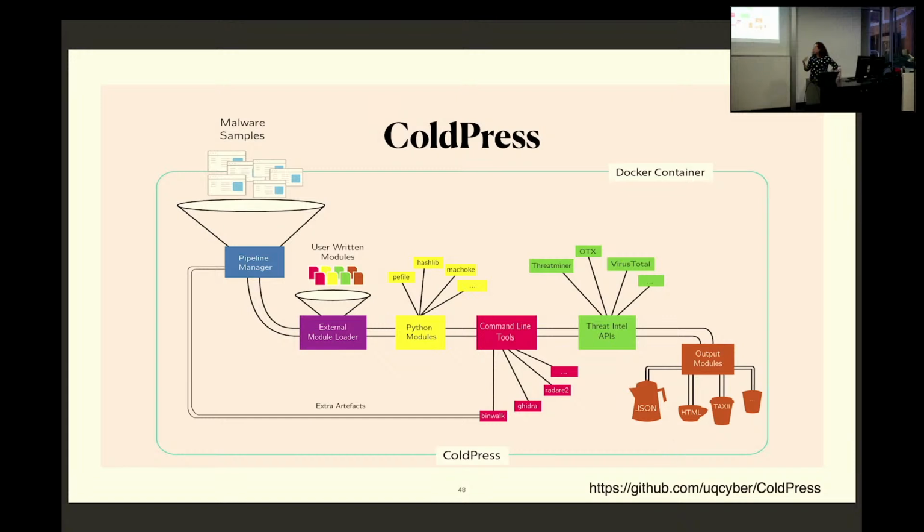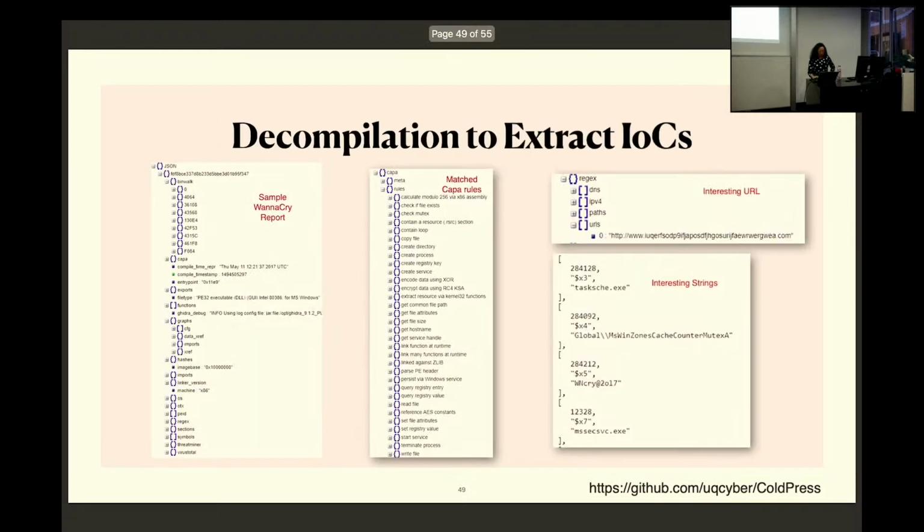The result of this project is open source under the UQCS GitHub area, and it's called ColdPress. Here are some examples of what the decompilation would look like to extract indicators of compromise.